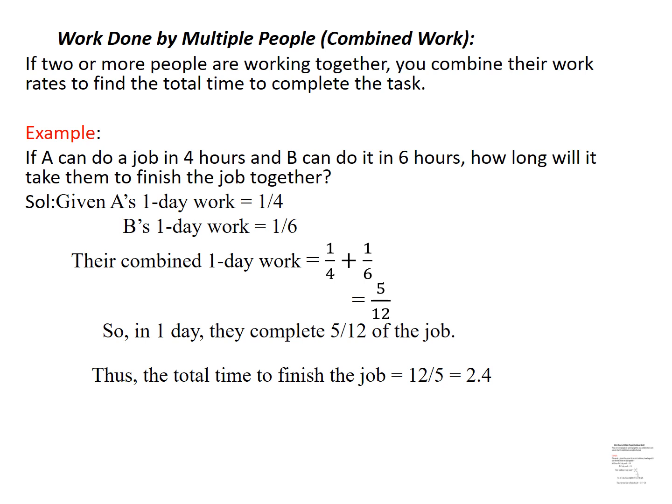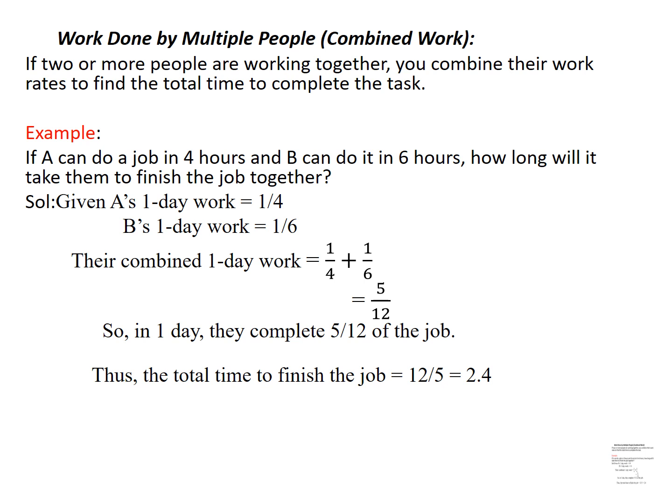So first write down 1 day work for both A and B, which is 1 by 4 and 1 by 6. So 1 day work for A is 1 by 4 and 1 day work for B is 1 by 6. We have to calculate the combined 1 day work, which is equal to 1 by 4 plus 1 by 6.